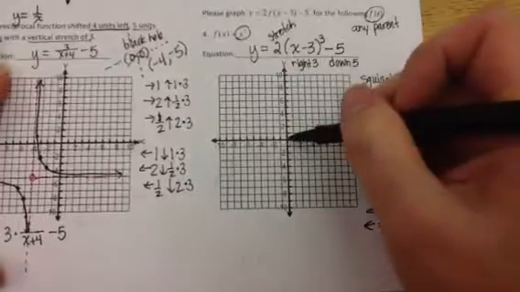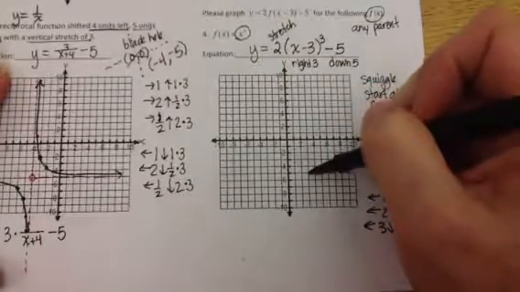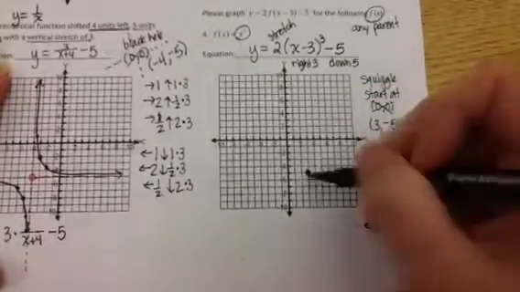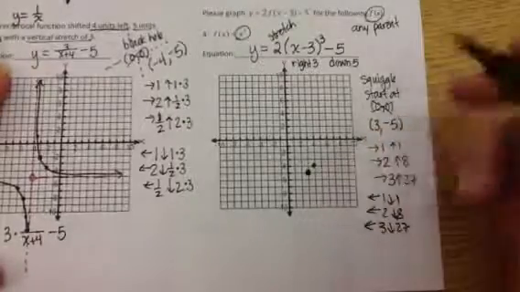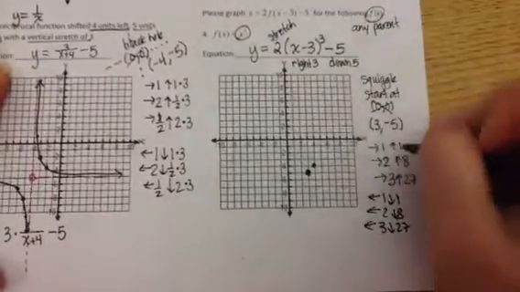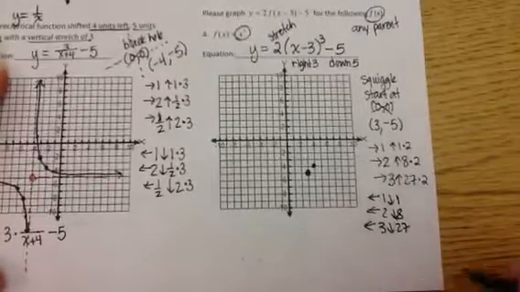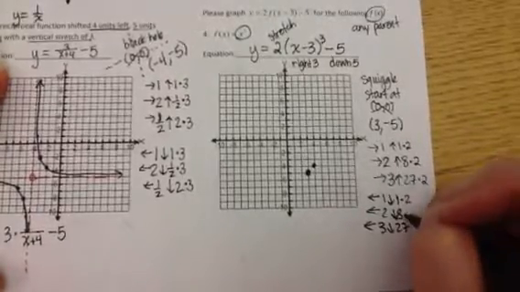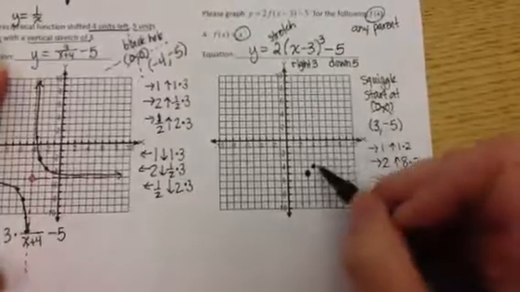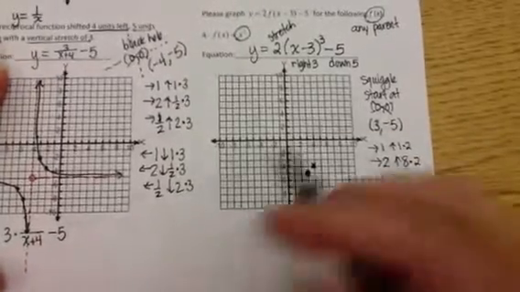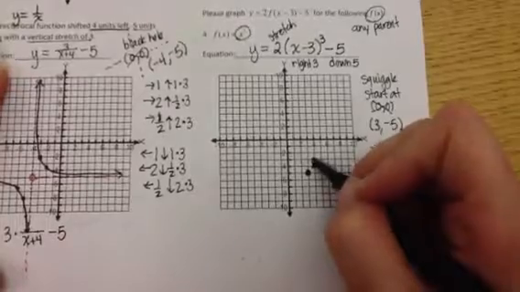So I will start from 3, negative 5, and move over 1, up 1. Oops, I forgot to stretch. We have to stretch times 2. So times 2, times 2, times 2. And stretch your downs. Times 2, times 2, times 2. So I'm not going over 1, up 1. I'm going over 1, up 2.